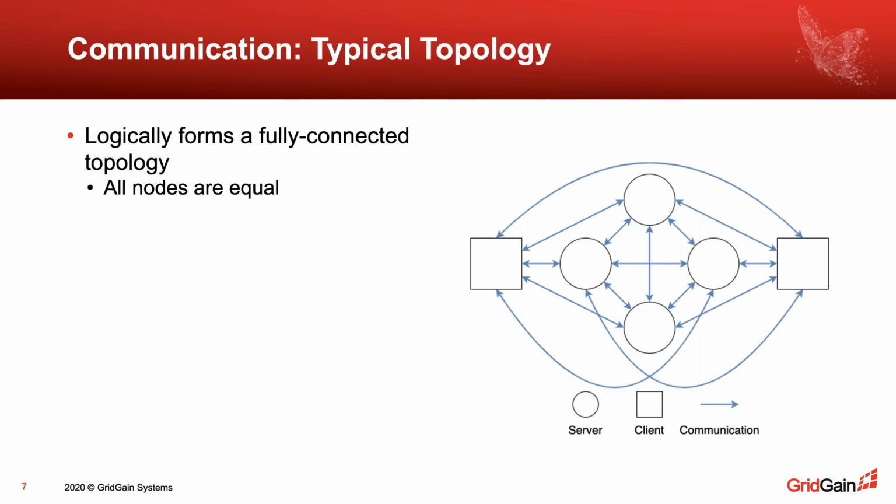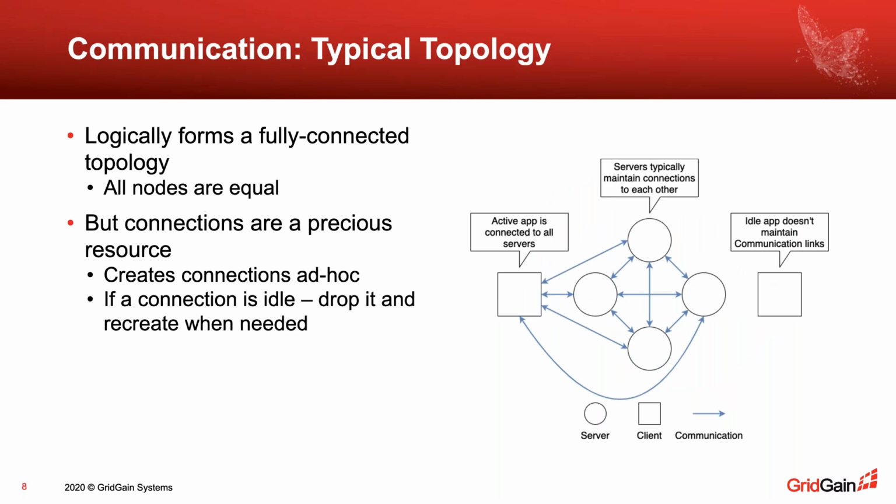All communications are peer-to-peer, and every node can talk to every other node. But considering that we also need to budget connections, we can say that idle applications should not use our system resources, should not use our connections. So Apache Ignite makes sure that when an application is idle, it will not use our connections, our TCP sockets, and the system will stay performant and will stay live.